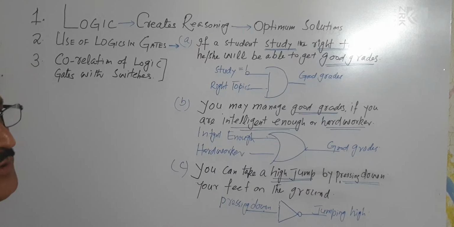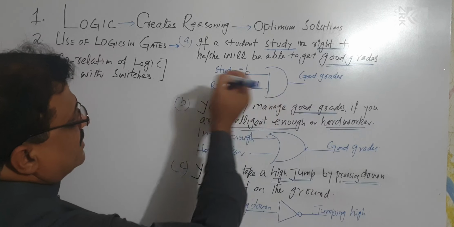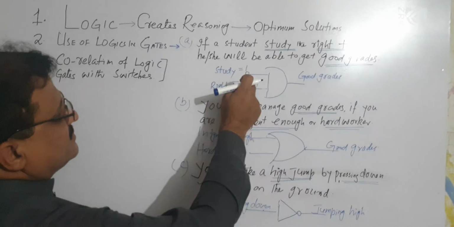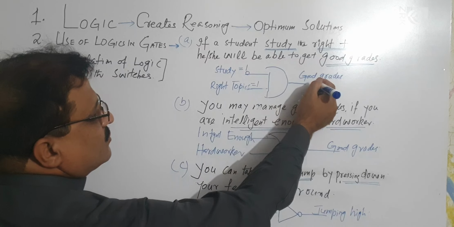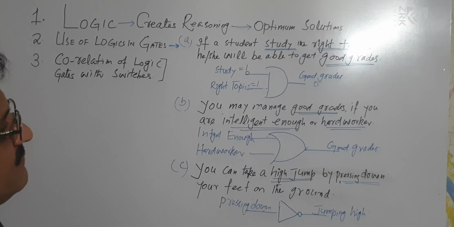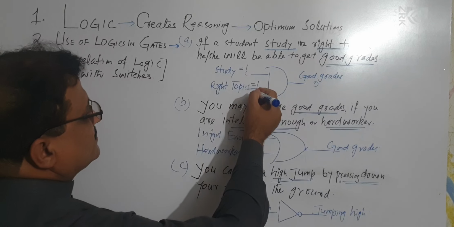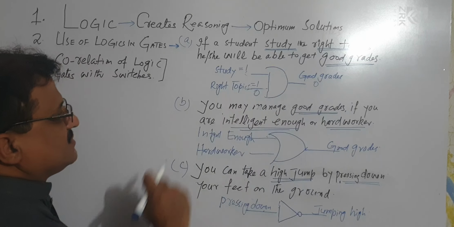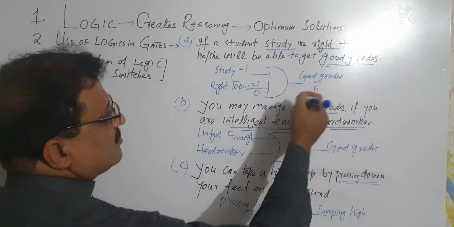Let's say he knows the right topics, but he is not studying, so study is equal to 0. What will be the output? 0. It means the student will not be able to achieve good grades. Now, what if the student is studying, but he is not studying the right topics, meaning he is studying some irrelevant topics? What will be the outcome? Not good grades.